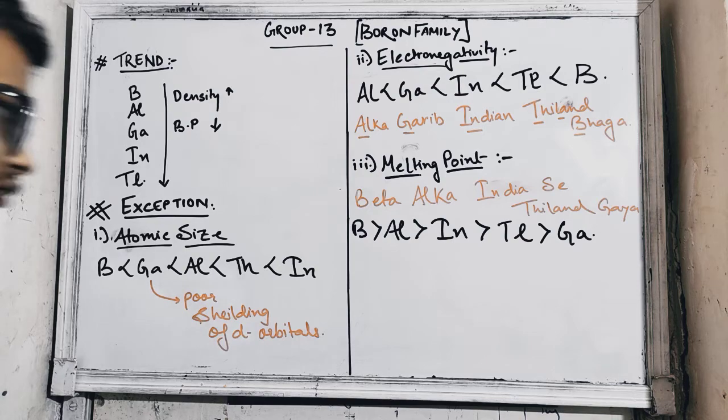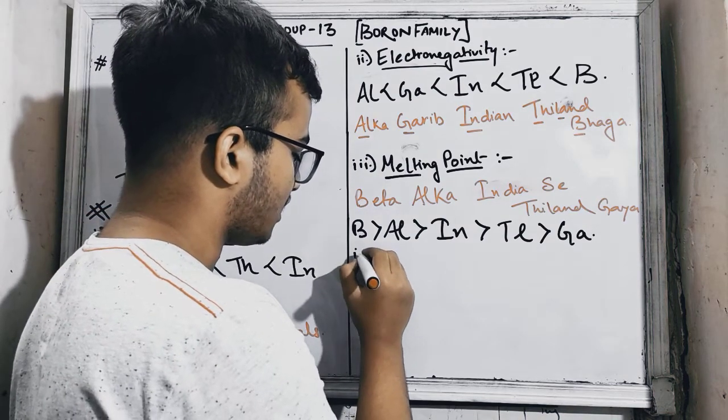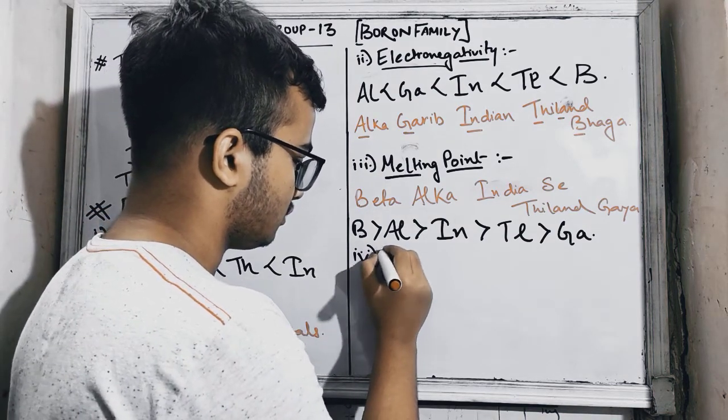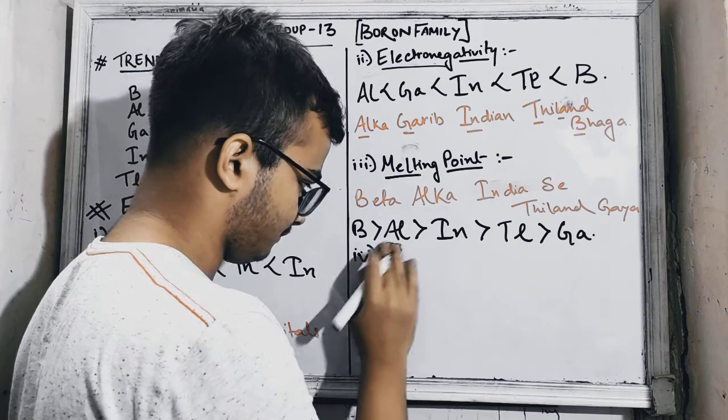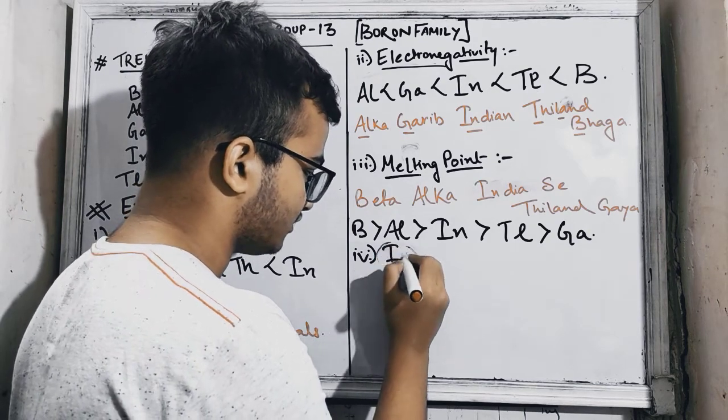Now after this we come to the easier one, which is ionization energy or ionization enthalpy.